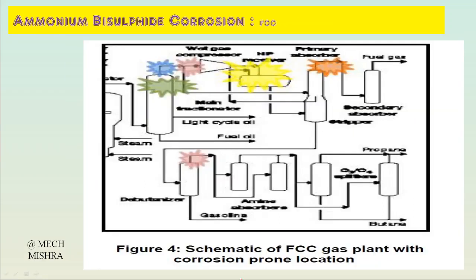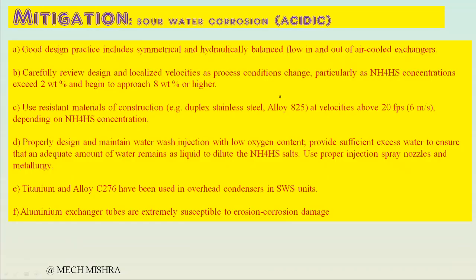Coming to the FCCUs, in the FCCU you will see the primary absorber overhead column. In this overhead system you will see ammonium bisulfide corrosion. Now coming to the mitigation measures: how will you mitigate ammonium bisulfide, NH4HS, corrosion? First of all, good design practice includes a symmetrical and hydraulically balanced flow out of the air cooled exchanger.